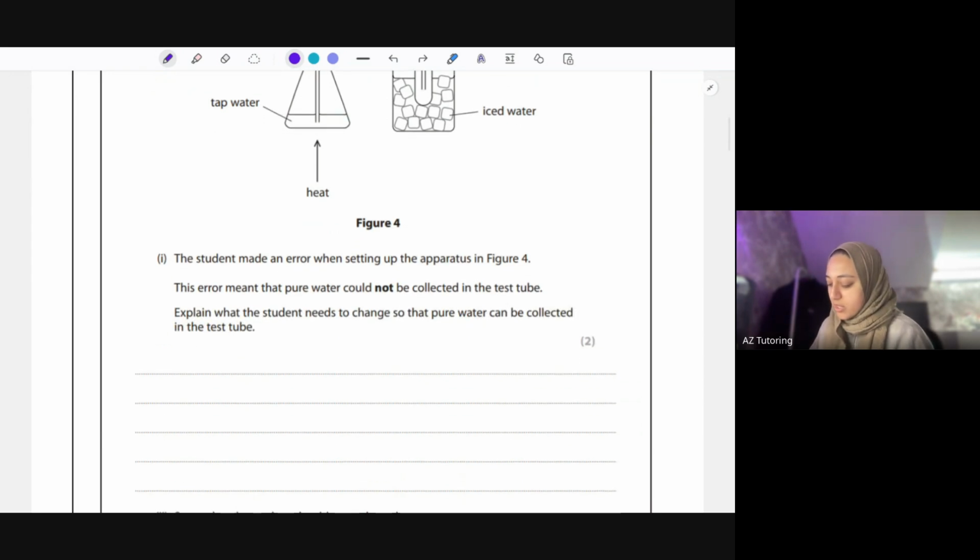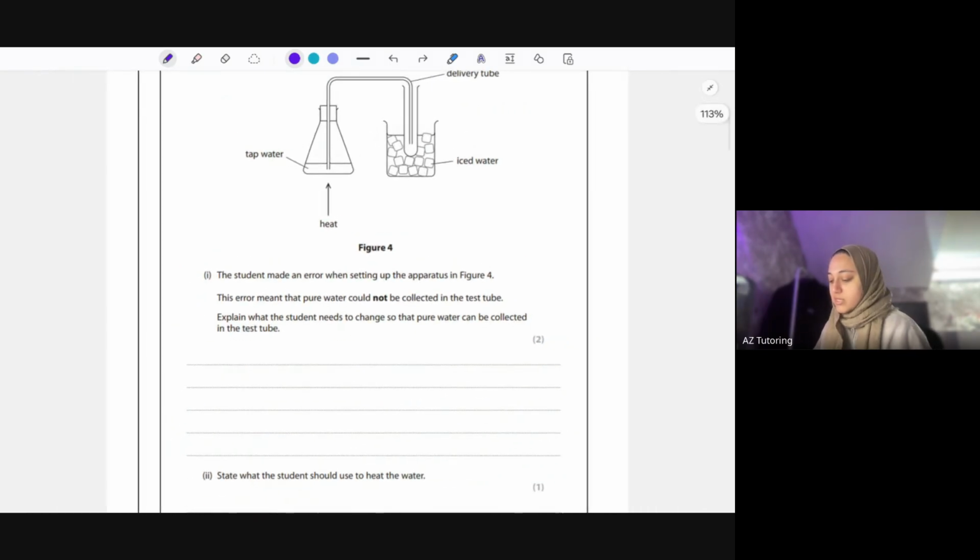So it says the student made an error when setting up the apparatus in figure 4. This error meant pure water could not be collected in the test tube. Explain what the student needs to change so that the pure water can be collected in the test tube. So just what we discussed. You need to remove that delivery tube from the water line, essentially. So remove the delivery tube out of the water.